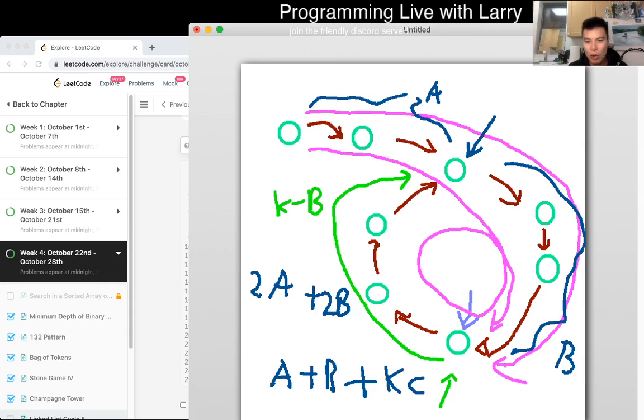So now, if we want to meet here, we know that in A plus B steps we will catch up. We will move the slower pointer A plus B times, but it also means that the distance will be A plus B times, right?